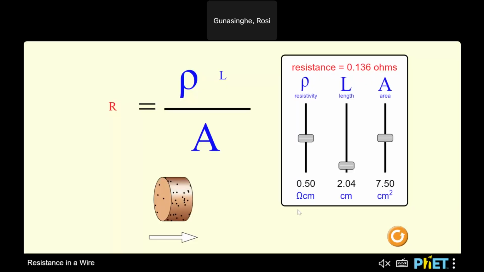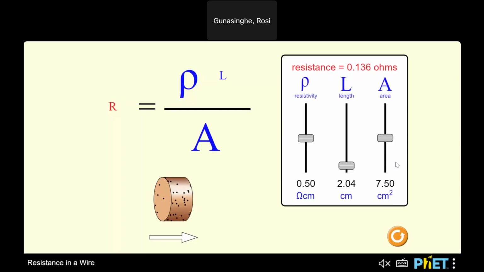When we go to the simulation, you will see that this screen will pop up. You can see that the resistivity is already at 0.5, so you don't need to change it. The area is at the midpoint, which is 7.50 square centimeters.